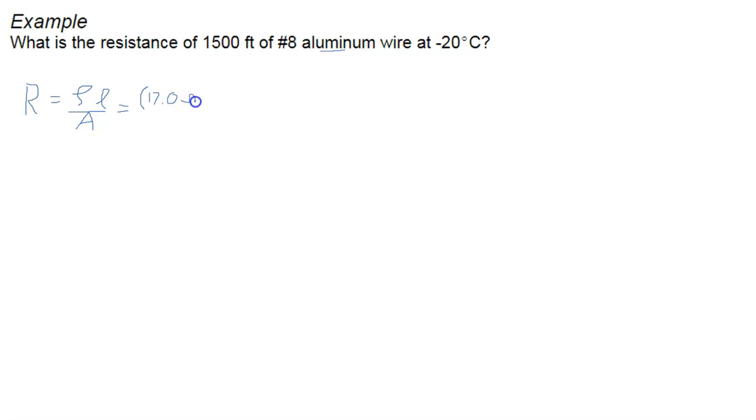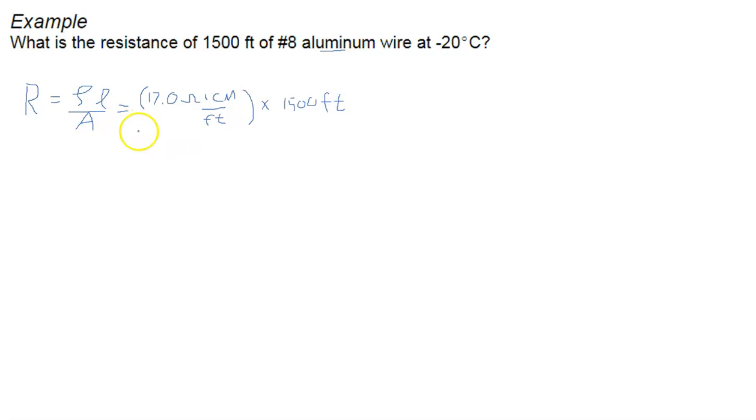17.0 ohms times circular mils per feet for aluminum. And we're going to multiply that by 1,500 feet. And now we need an area.